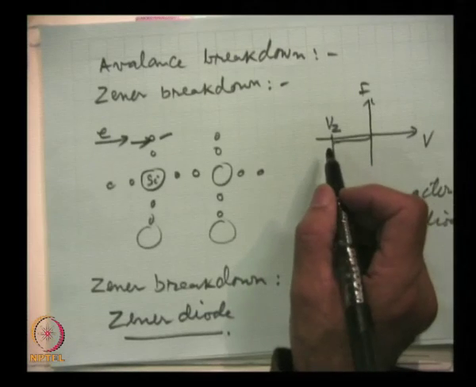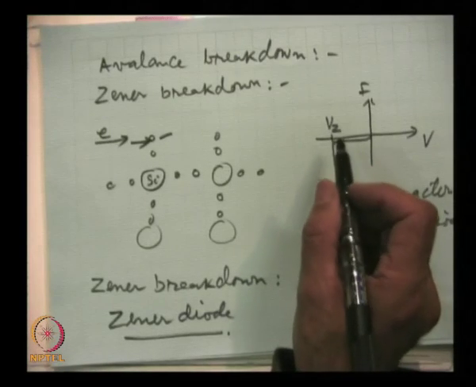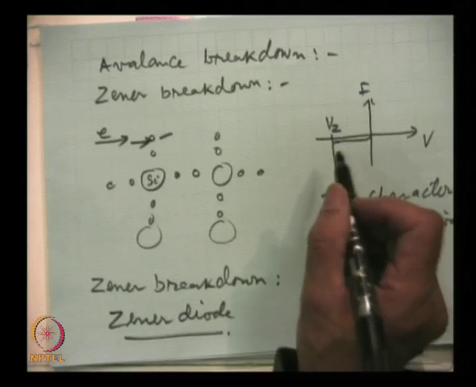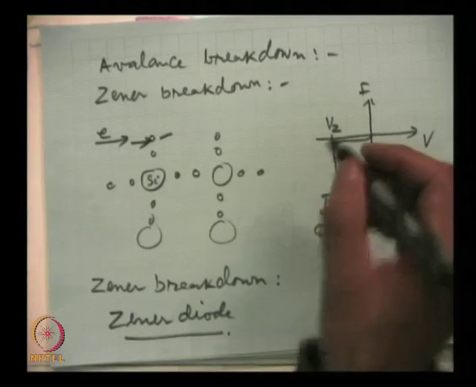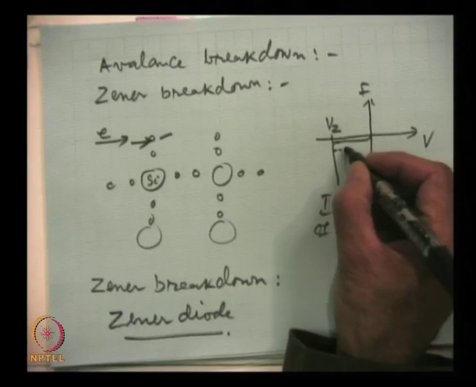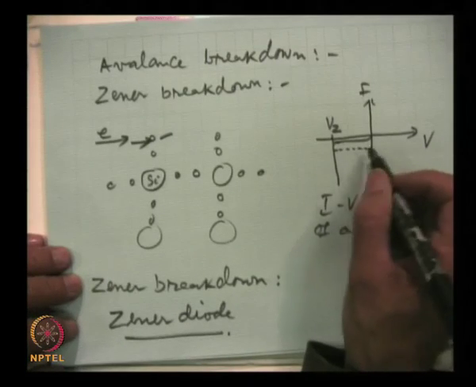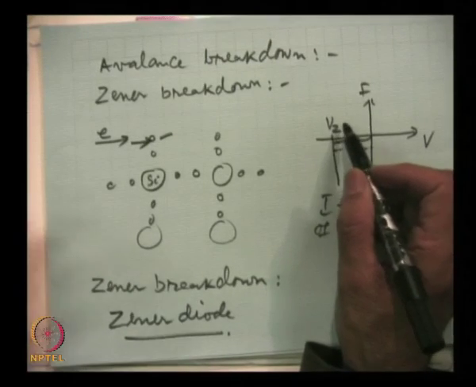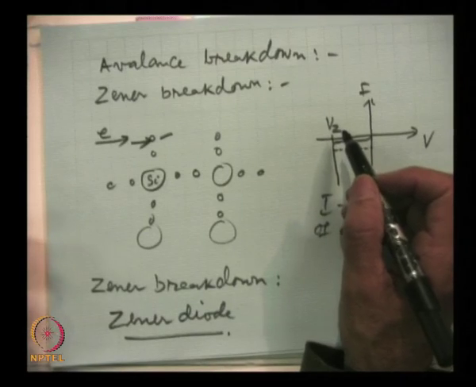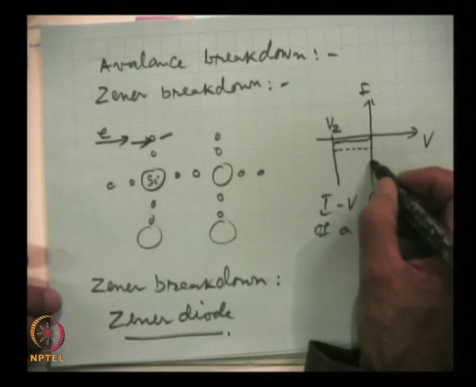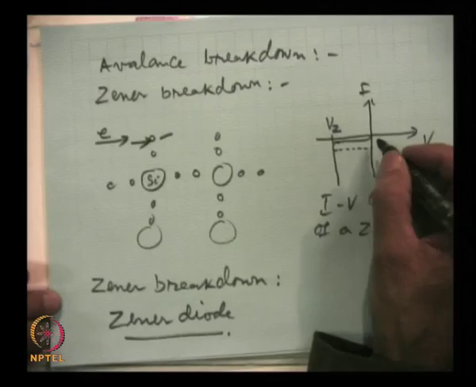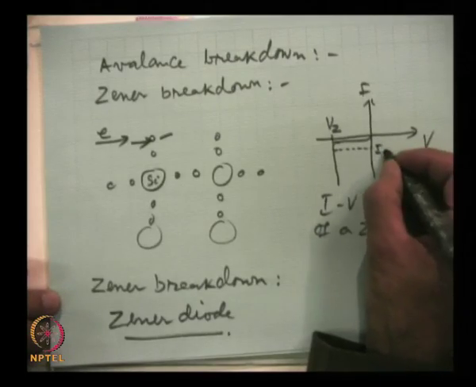Now, there are some interesting and useful properties of a Zener diode. From this knee, this is the current, and the voltage remains constant, equal to the breakdown voltage. So, let us consider a small circuit.